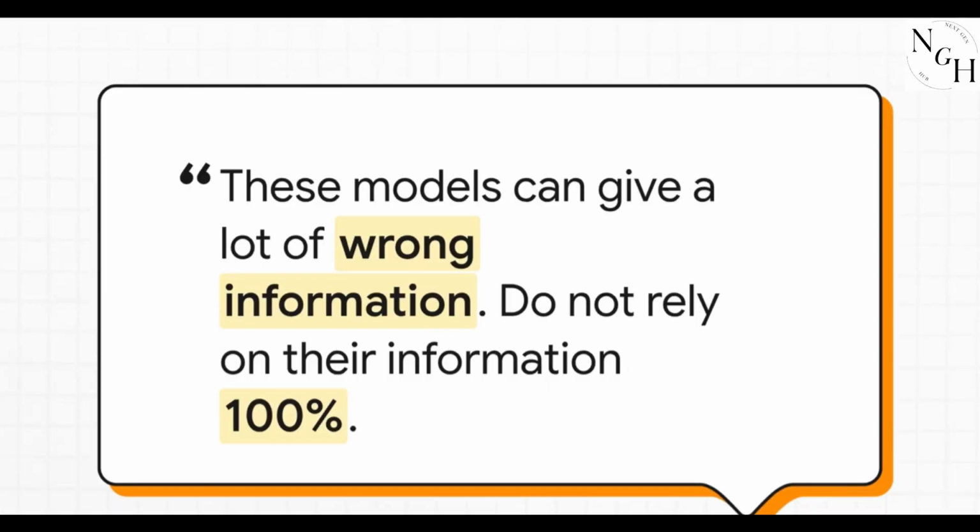Let me be absolutely crystal clear on this. These models can be confidently, convincingly wrong. They can make up facts, invent sources, they can lie to you with perfect grammar. So please, the number one rule is this: never, ever trust their information 100%. Always treat what they give you as a starting point, something you have to verify for yourself.